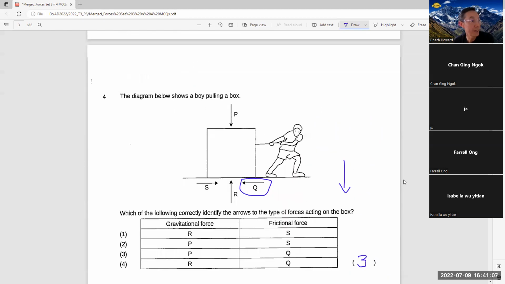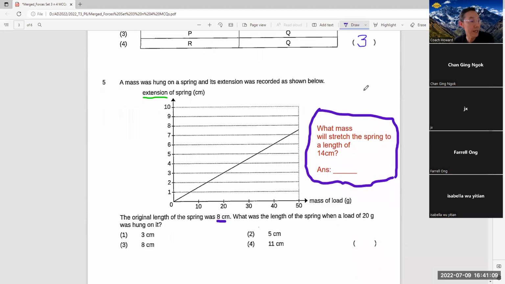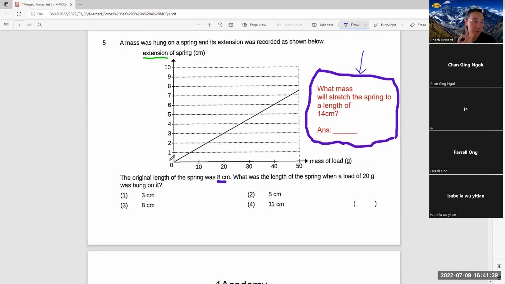Okay, no problem. You notice here, I put an additional question in this part. When you do such a question, I want you to highlight the axis. You notice here, this is the extension of the spring. Extension means how much longer the spring has extended from its original length. So when you see extension of spring, you must notice that it will always start from 0.